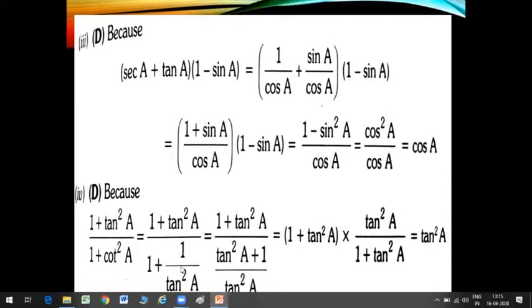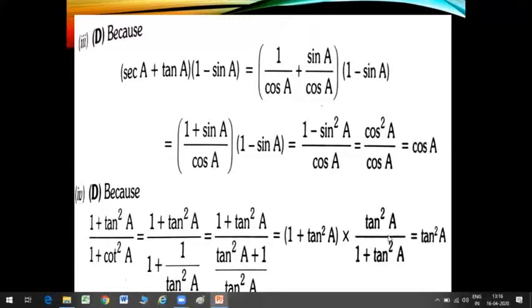So in the denominator we write 1 plus 1 by tan²A. Then in the denominator take tan²A as LCM, giving (tan²A plus 1) divided by tan²A. Now (1 plus tan²A) is multiplied by the reciprocal, tan²A divided by (tan²A plus 1).